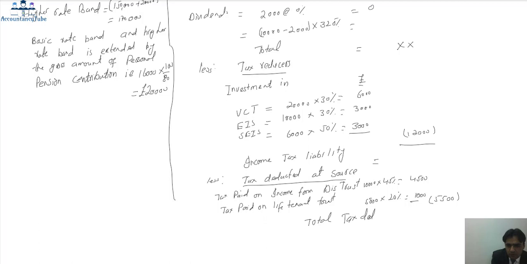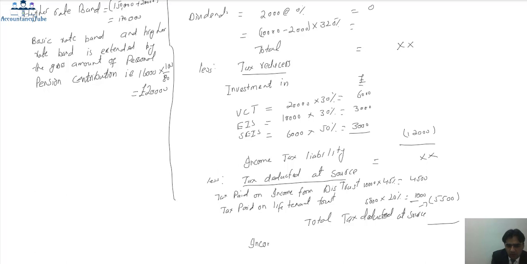Tax deducted at source, 5,500. And if we deduct this amount out of this figure here, whatever you will calculate, the net amount will be either tax payable or receivable.